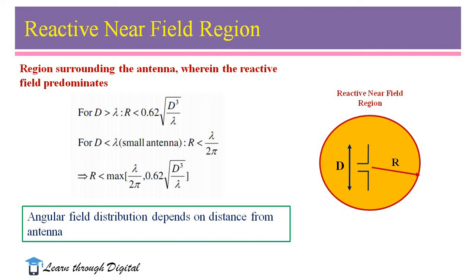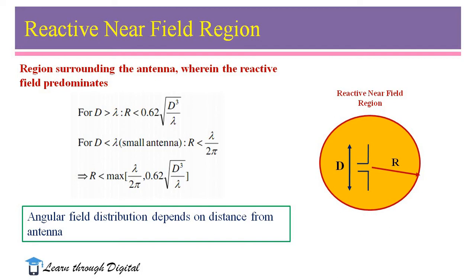Here the reactive field components predominate. Both electric and magnetic field components are out of phase by 90 degrees. As we know, for radiation or propagation, both the E and H fields should be orthogonal to each other.